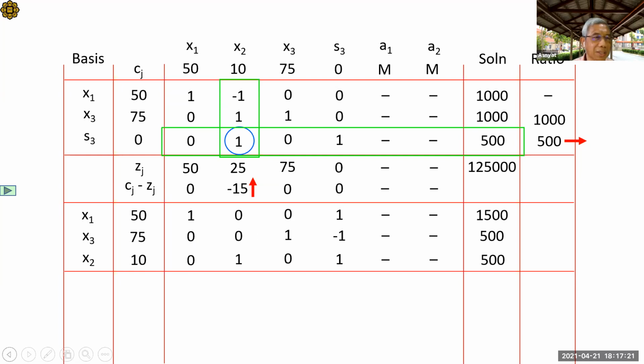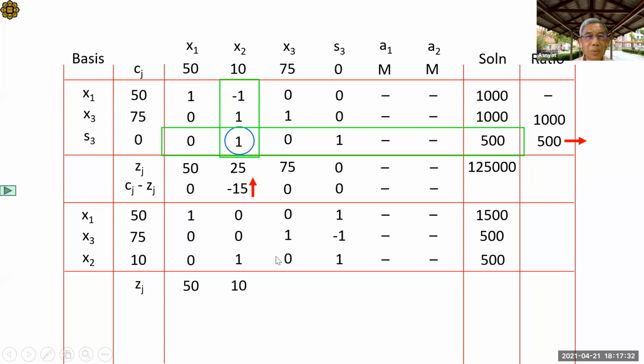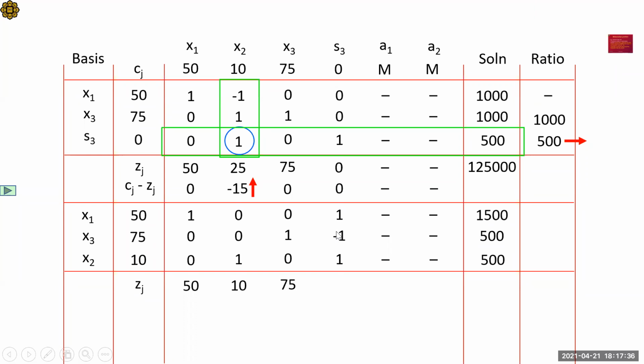Okay, so let's check ZJ. 50, 50. Here 10. Here 10, only one here. 75, 75. Here 50 minus 75 is negative 25, negative 15.